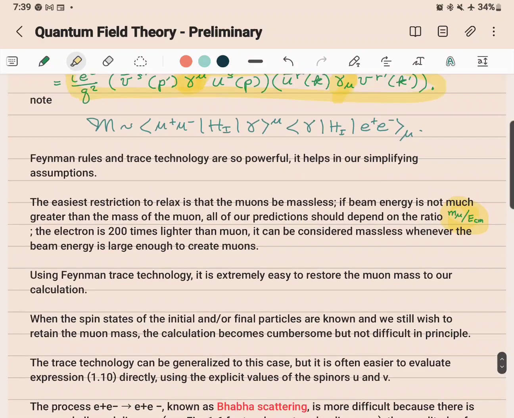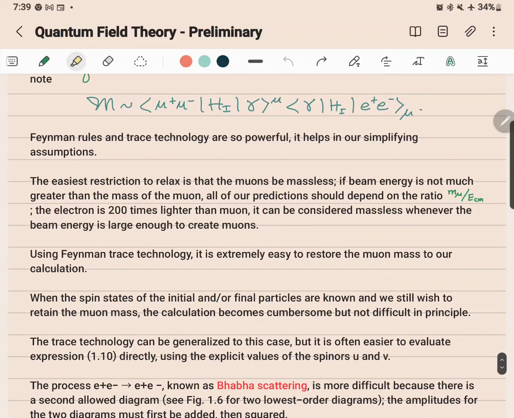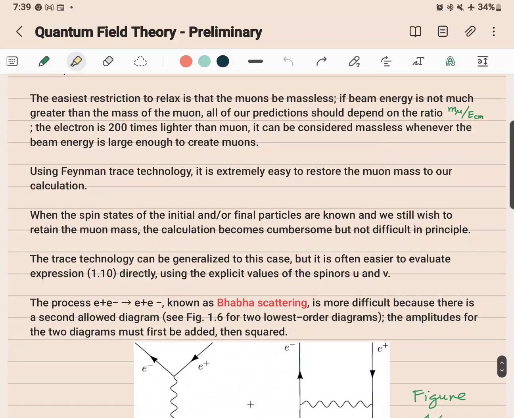Using Feynman trace technology, it is extremely easy to restore the muon mass to our calculation. When the spin states of the initial and or final particles are known, and we still wish to retain the muon mass, the calculation becomes cumbersome but not difficult in principle. But all this calculation will be done later on.